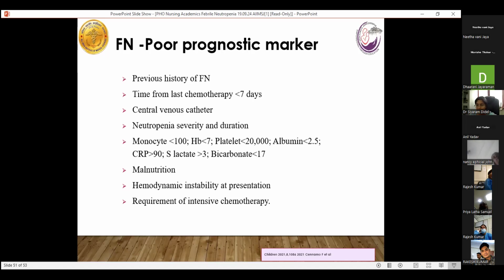Hemoglobin less than 7, platelet less than 20,000. There is hypoalbuminemia, elevated CRP, lactate is high, and bicarbs are low. That is basically present in a sick child, so that will become a poor prognostic marker. There is evidence of malnutrition, hemodynamic instability, and requirement of intensive chemotherapy in further cycles.